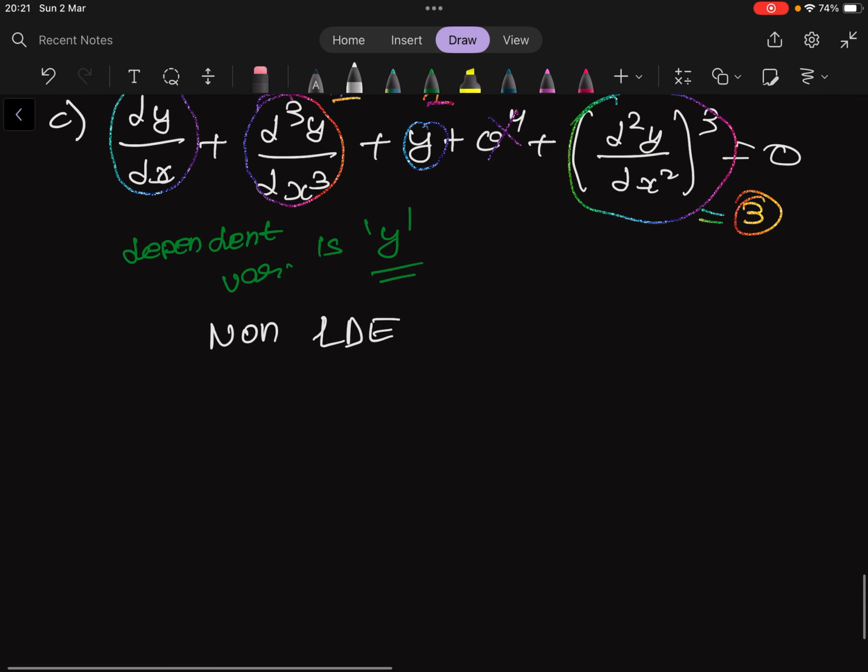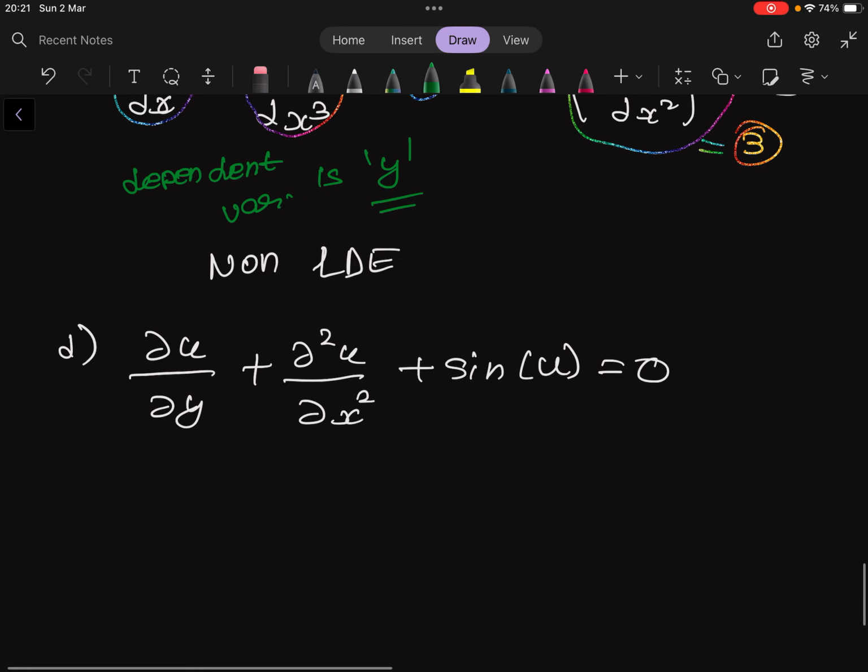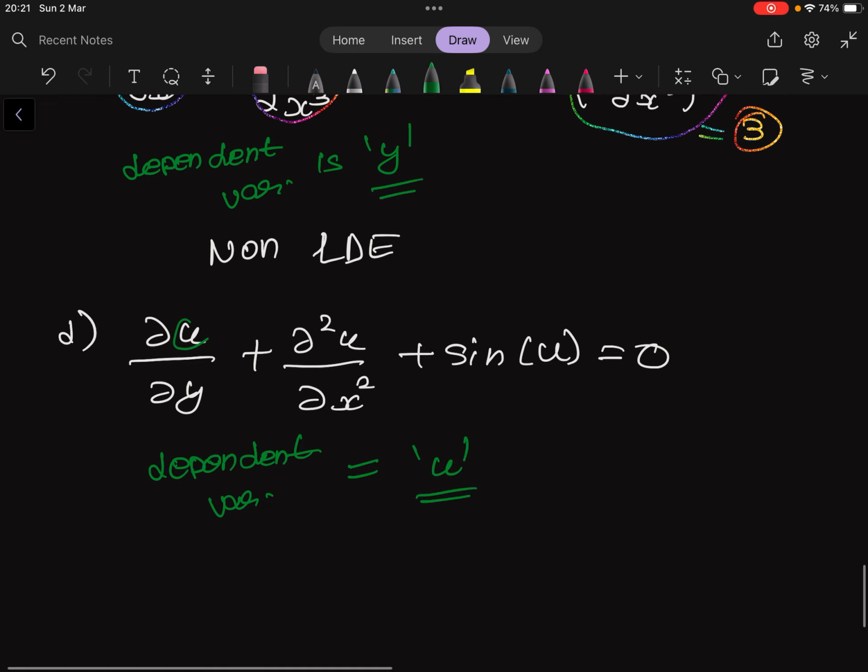Now let's move to other examples. We can take the example of a partial differential equation: dou u by dou y plus dou square u by dou x square plus sine u equal to 0. So first identify the dependent variable. In this case the dependent variable is u.